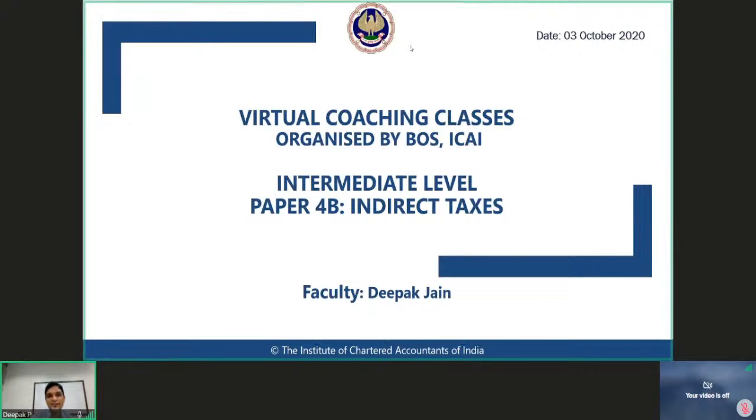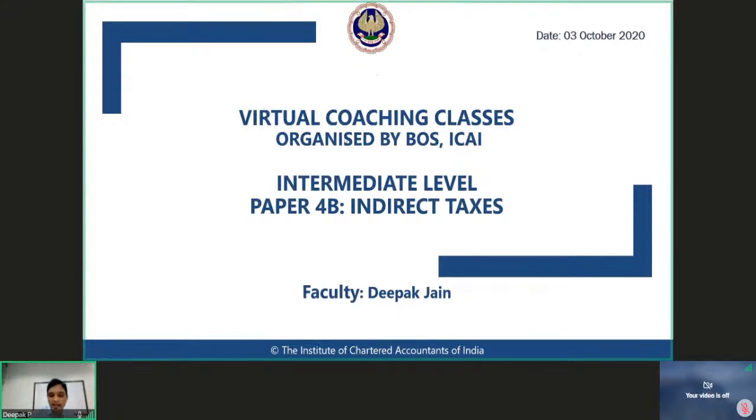So this will open up your pronunciation and you will not get tangled with the words. That's the reason I've told this, that you use this tongue twister to clear your tangled tongue so that you can pronounce the terms correctly. Electronic cash ledger, electronic credit ledger, and electronic liability. Liability is not a ledger, so it's called electronic liability register.